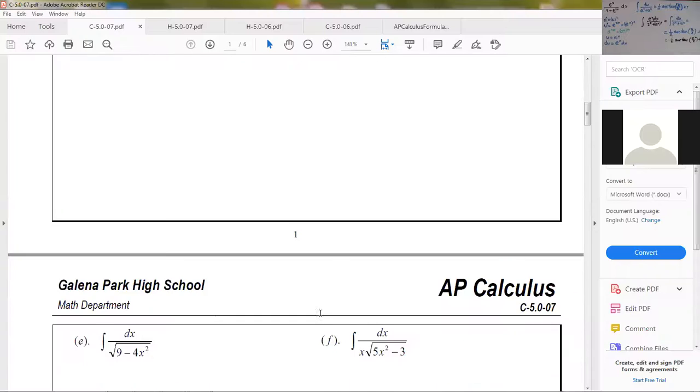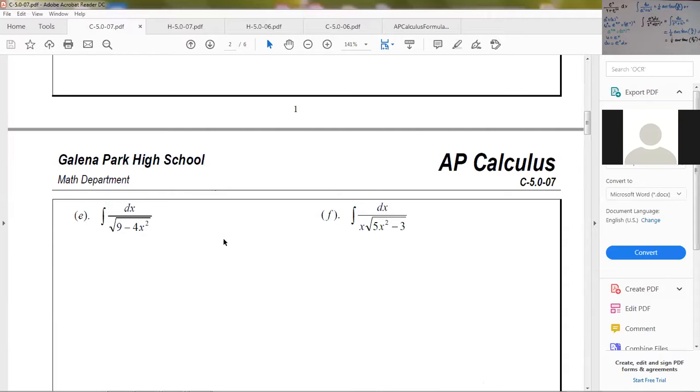So in the next page, we have pretty much the same kind of problems, right? So for instance, this one, I'm not going to do this problem because it pretty much repeats the same thing, but I'm going to do only the trick. So I have the integral of dx over the square root of 9 minus 4x squared, right?